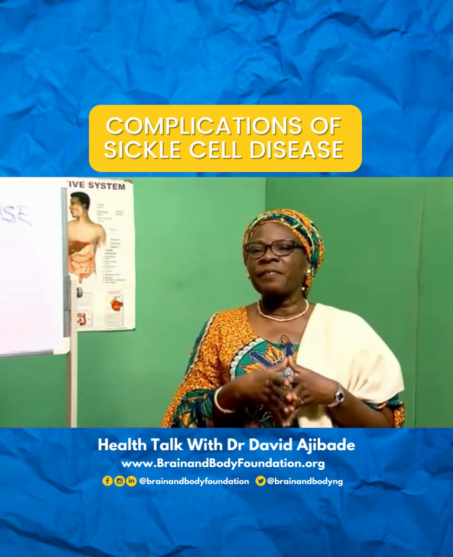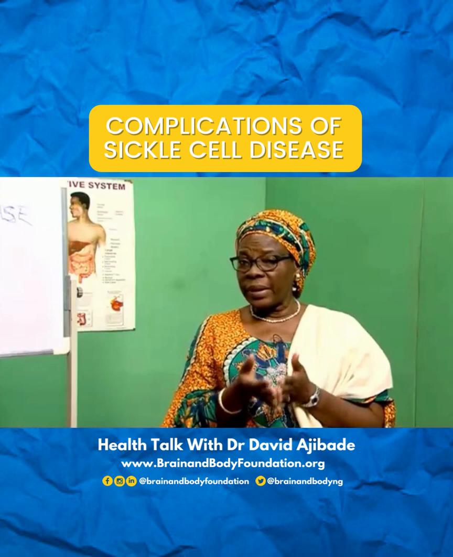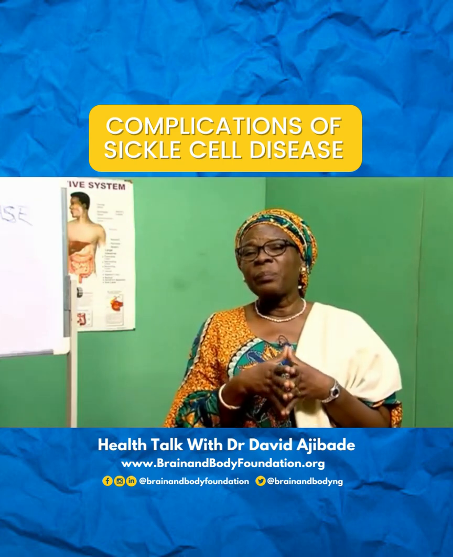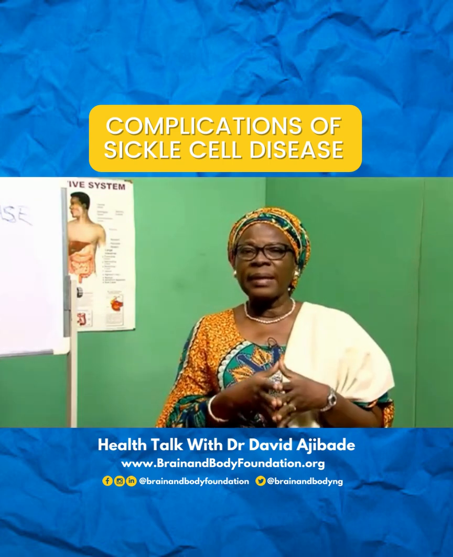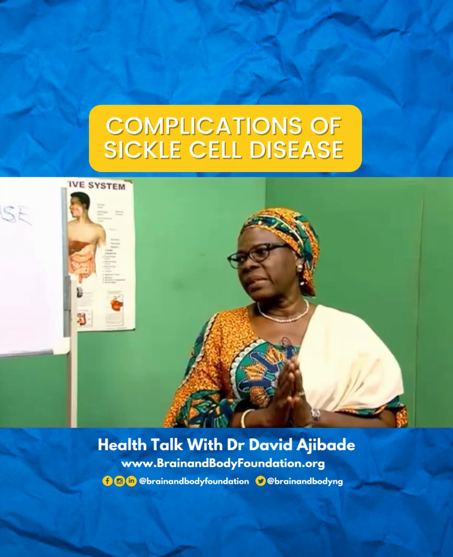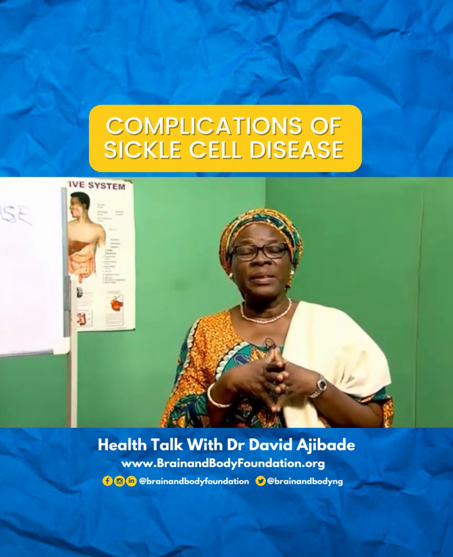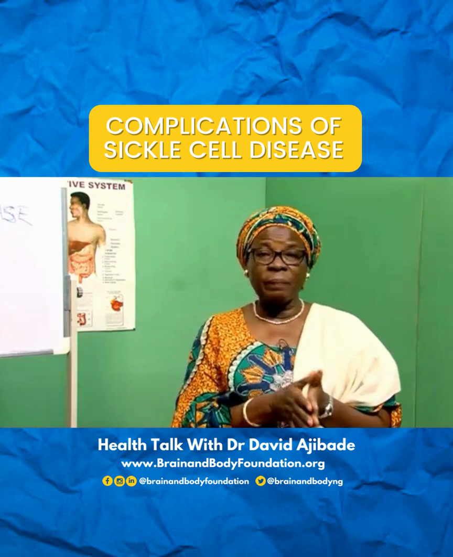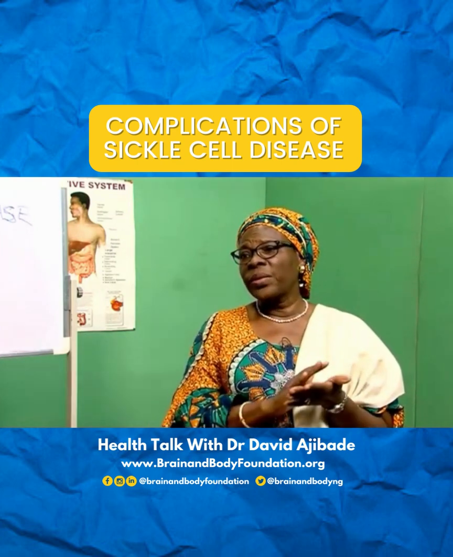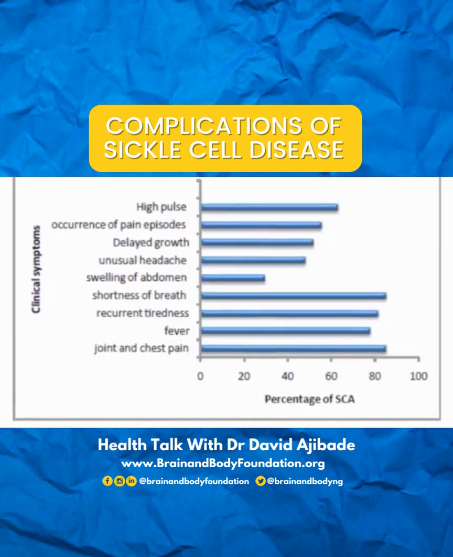And of course, because it's something that affects the brain of a growing child, it prevents that child from ever attaining his maximum potential in life. It's as bad as that. Some children are lucky. After having a stroke, they don't have many complications. Other children are not so lucky. After having a stroke, they may go on to have difficulty walking, difficulty speaking.